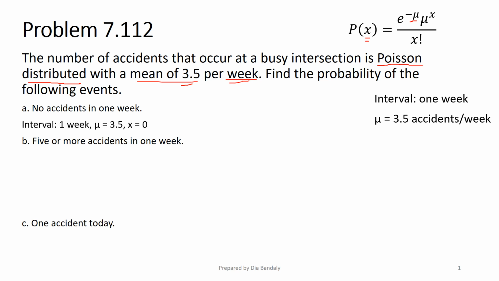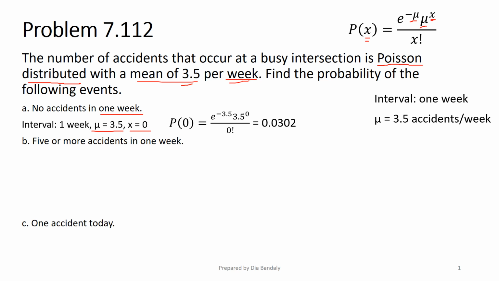Here also, we are asked to find the probability of no accident in the same interval for which we are given the mean, so we can use that mean, and the question is no accident, so x equals 0. So now I know what to substitute in the place of x and the mean. Okay, so here we go, it will be 0.0302.